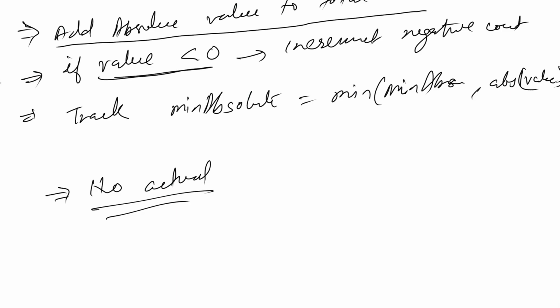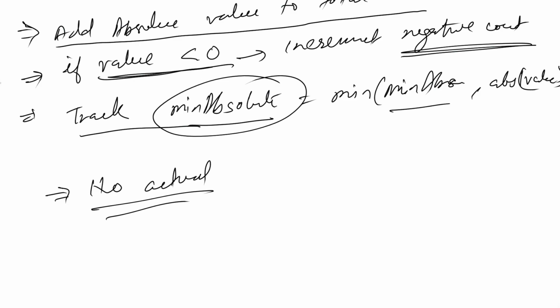Now you check if the value is less than 0, then you increment the count. And then you track the minimum absolute value, which should be the minimum between these two things. The minimum absolute value will keep updating like this.